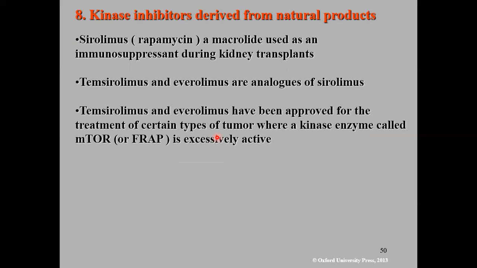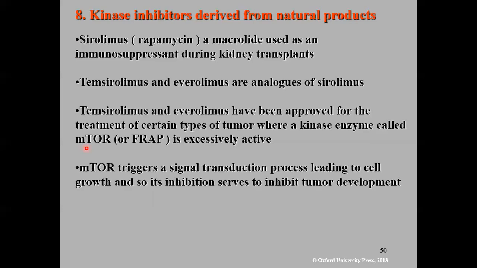So if you use these agents in the types of tumor that have this enzyme excessively active, you will get better results, or let me say good results. The mTOR triggers a signal transduction process leading to cell growth, and so its inhibition serves to inhibit tumor development. And this is the whole idea. Okay, you need to inhibit tumor development and growth.